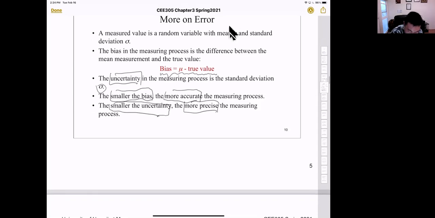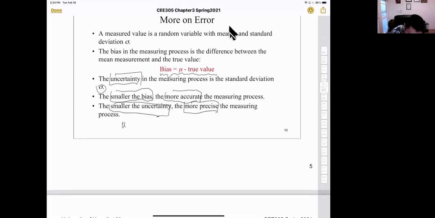All right, so the random error, including uncertainty, we use sigma or standard deviation to quantify that. The smaller the uncertainty, we say it is more precise or high precision. So we use precision to describe uncertainty or sigma.